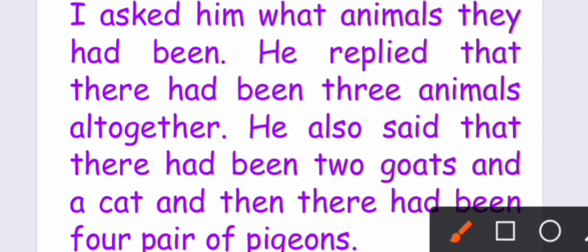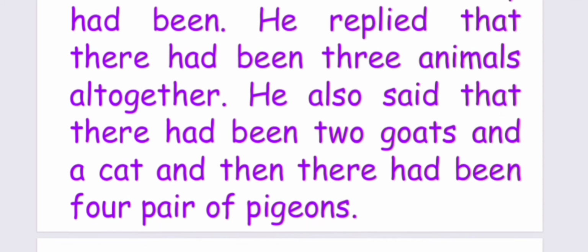You can see the passage narration given in indirect speech. So it's a big one. I'd like to read it first. I asked him what animals they had been. He replied that there had been 3 animals altogether.